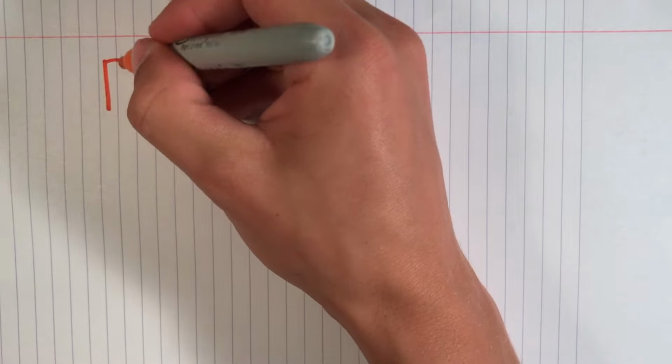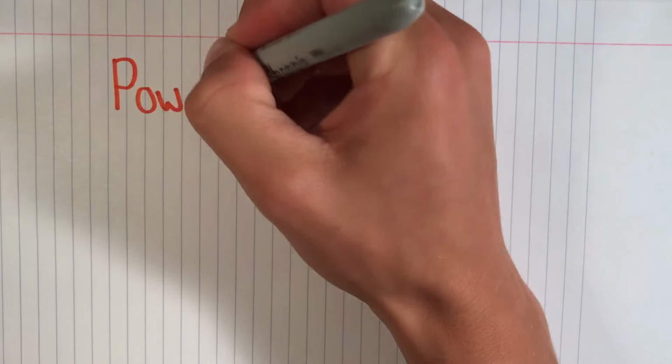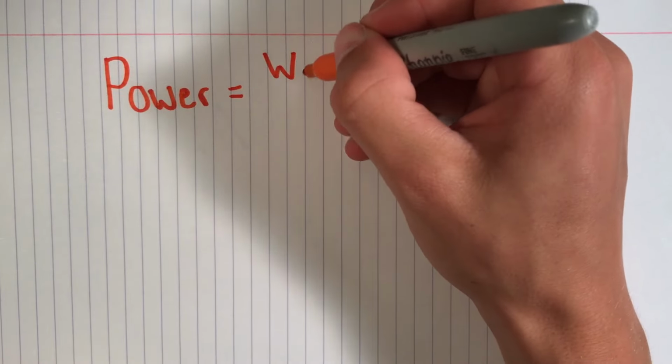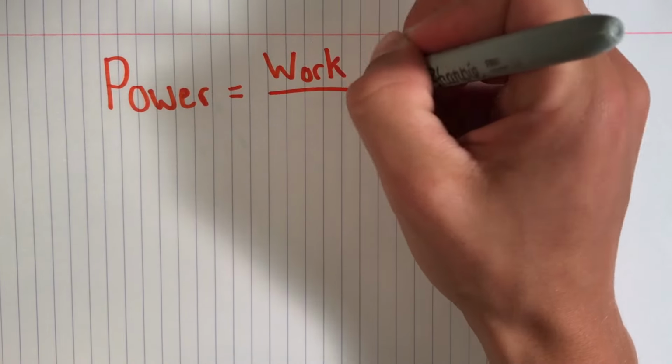Alright, so since I talked a lot about work, I should also explain to you guys what power is. I'm sure you already know, but power is equal to work over time.